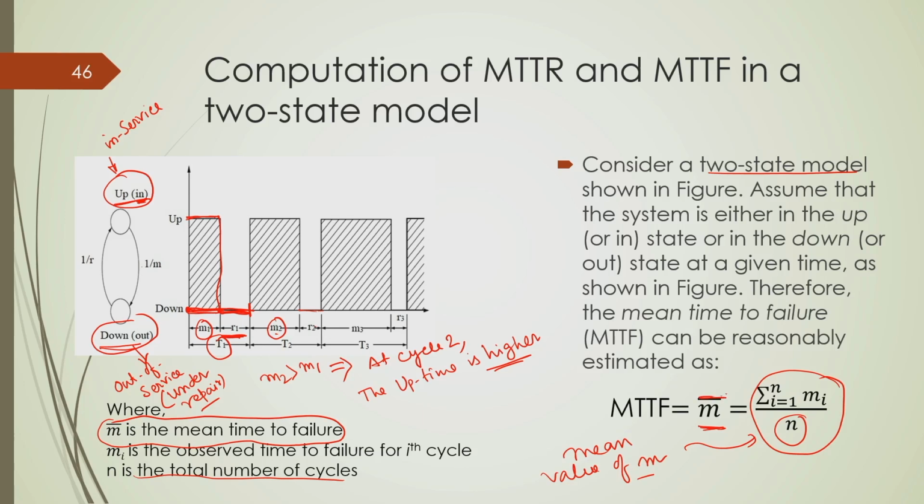This is the mean time to failure, because that much duration is required before that particular equipment fails or goes out of service, and that is why it is called mean time to failure.